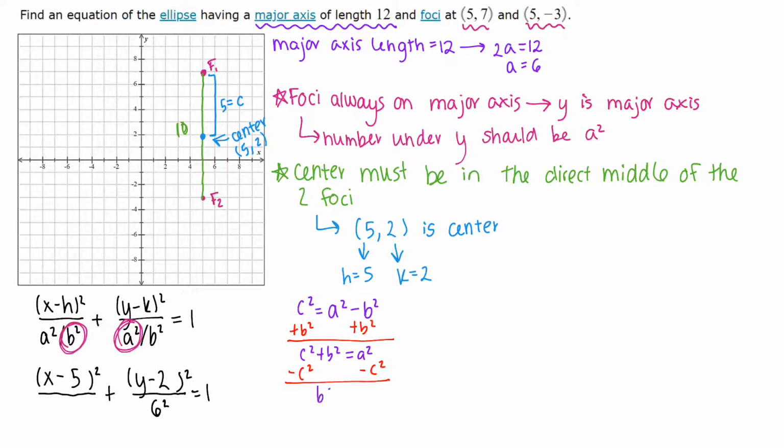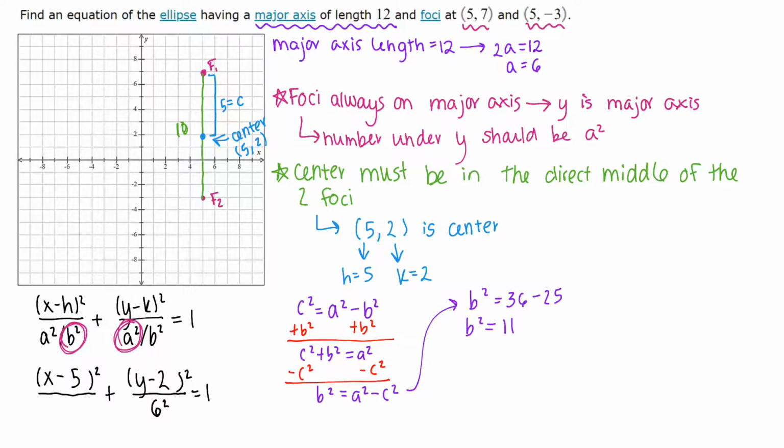So b squared is equal to a squared minus c squared. A is 6, so a squared would be 36. C is 5, so c squared would be 25. b squared is equal to 36 minus 25, which is going to give me 11.